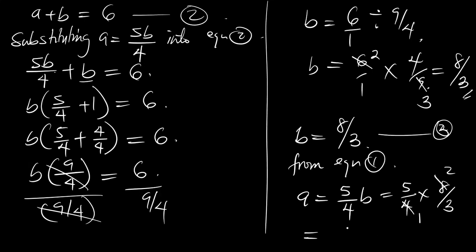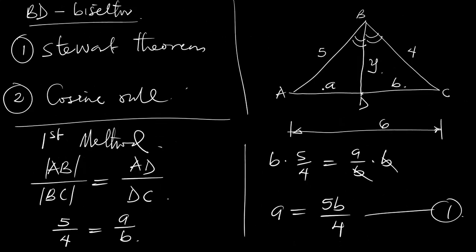So you have 5 times 2 is 10 all over 3. So A is equal to 10 all over 3. So that means we have gotten our A. Here is 10 all over 3, while here is 8 all over 3.